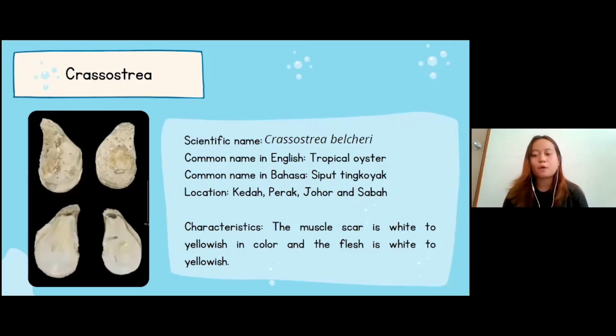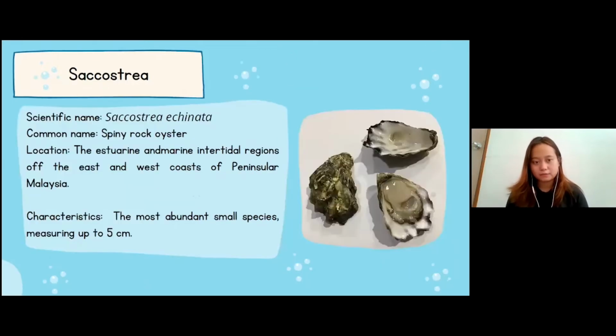It has also been reported along the mangrove coast of Sabah. This oyster species has a yellowish muscle scar, and the flesh is white and also yellowish in color.